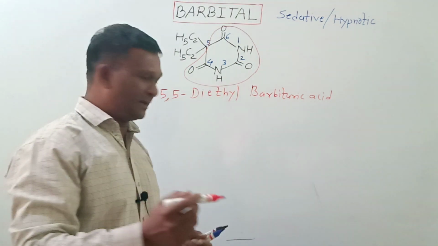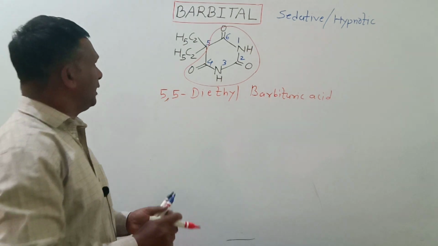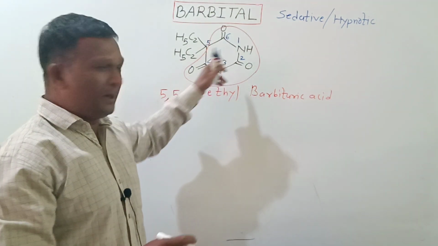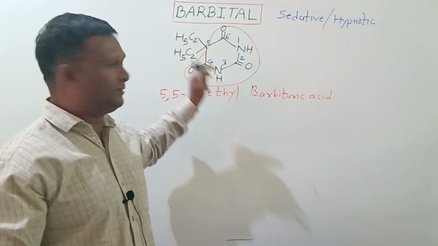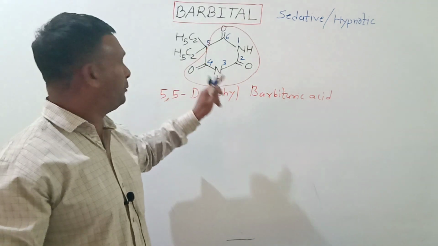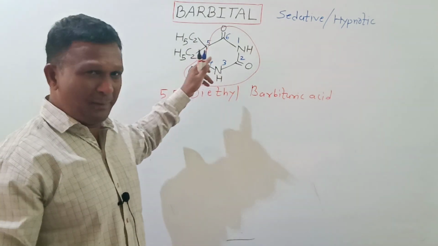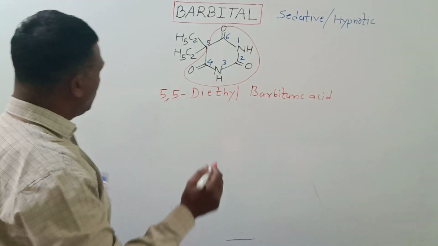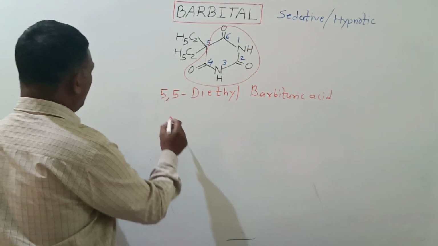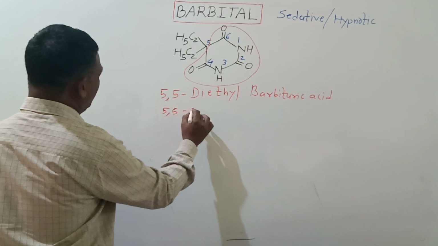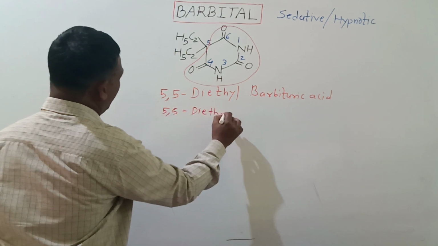Now 2 more ways are there. This heterocyclic ring is considered as the saturated pyrimidine ring. So as per the pyrimidine, we will write down the name as 5,5-diethyl.